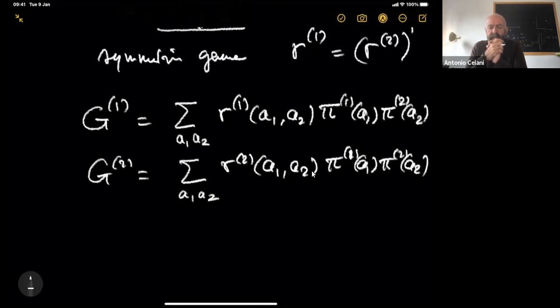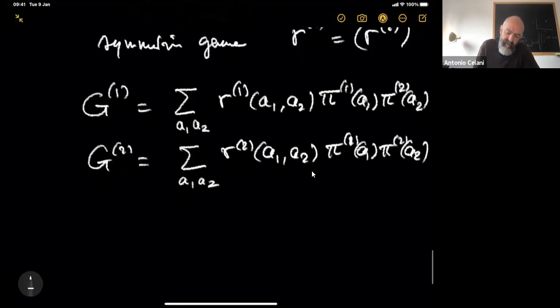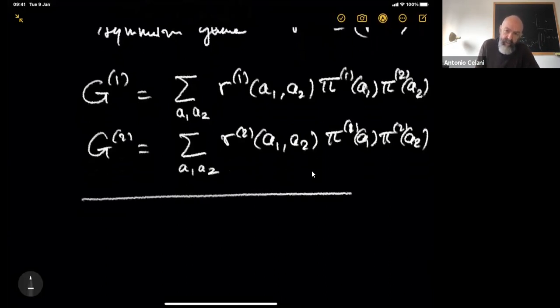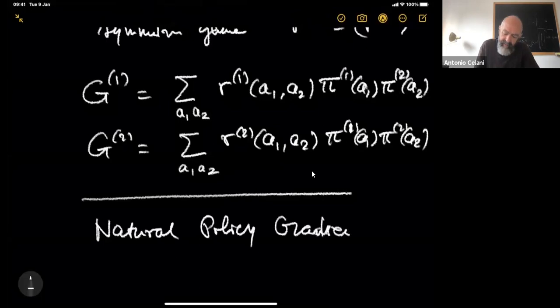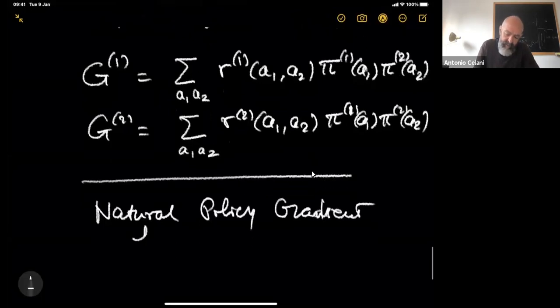But here we will be interested in one specific class of algorithms, which is particularly interesting. And we would like to see what happens when we apply natural policy gradient for matrix games.